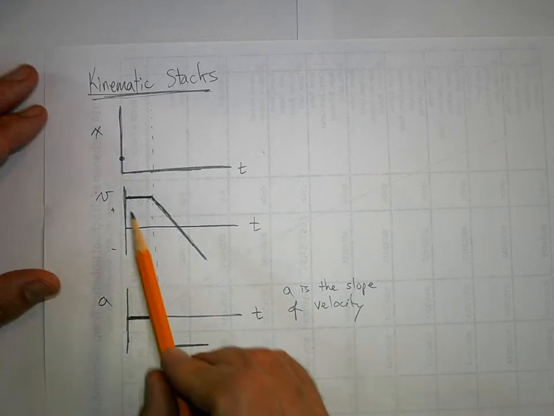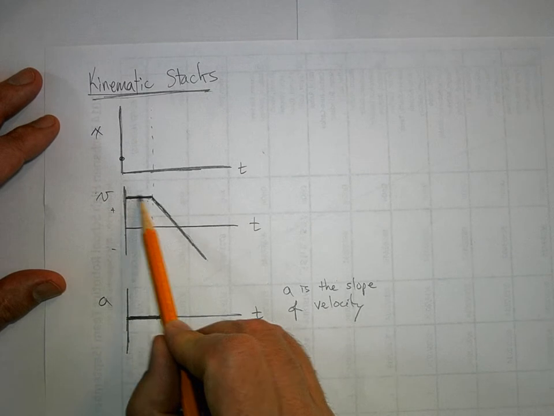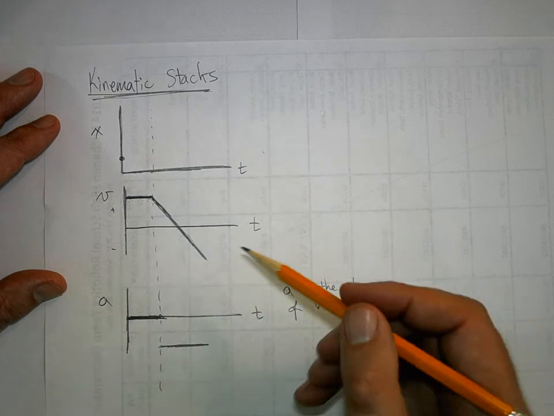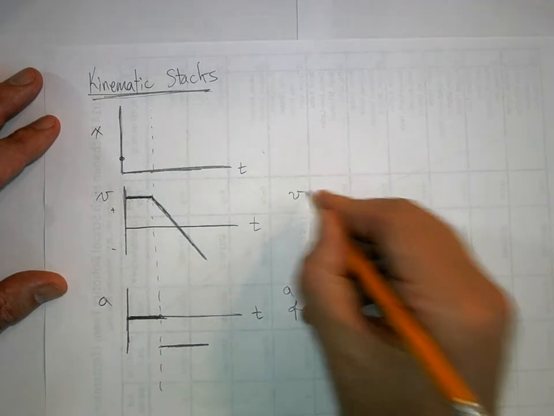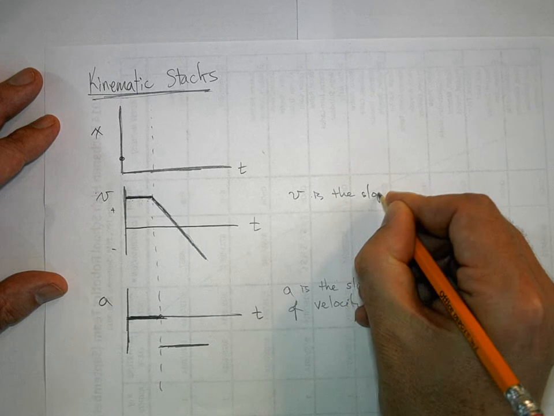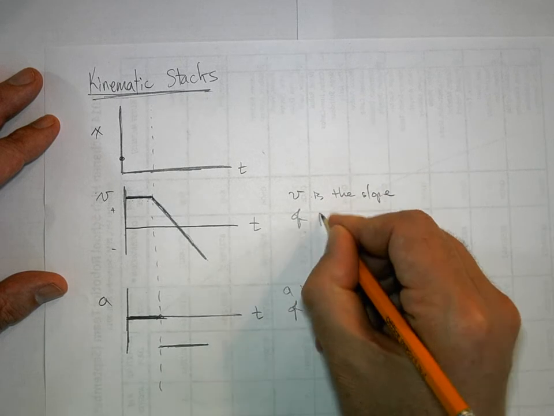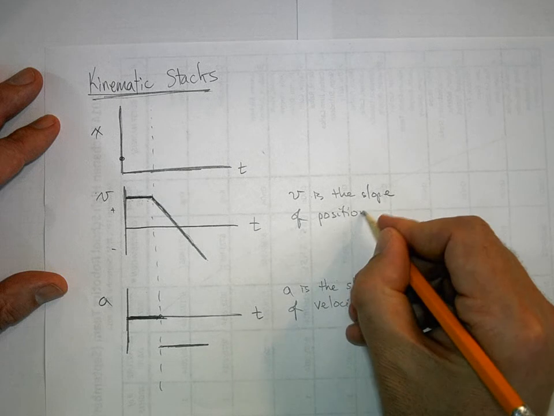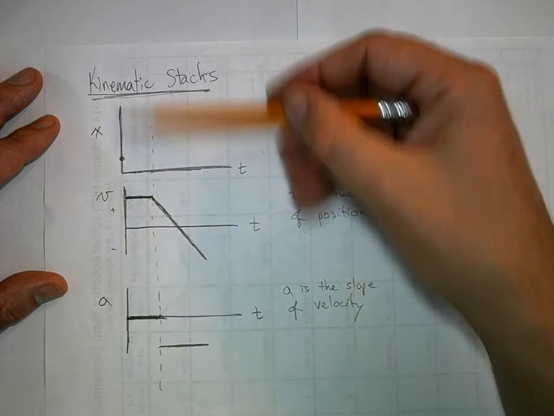Now, what's true about my velocity? It's constant and positive. So velocity is the slope of position. So here's my position graph.